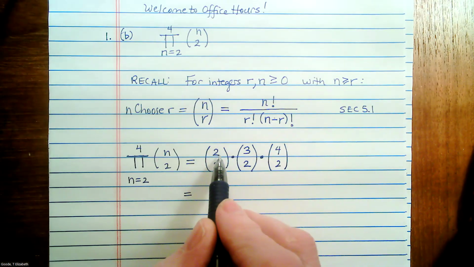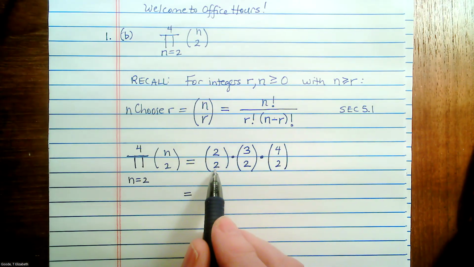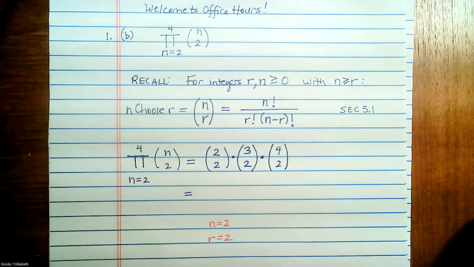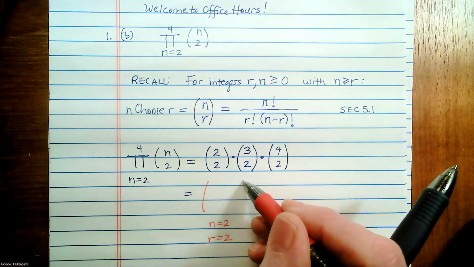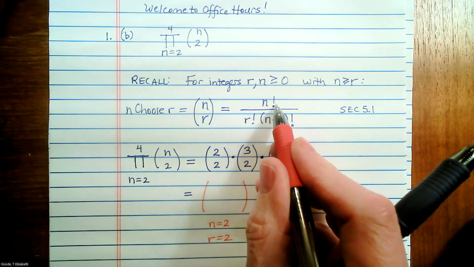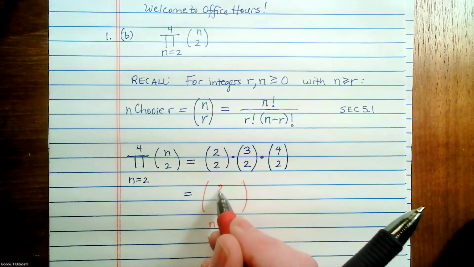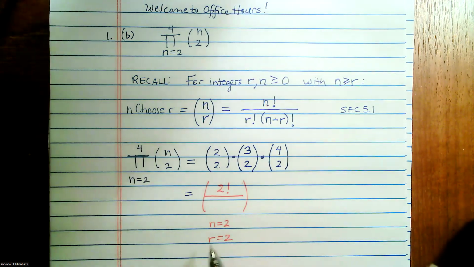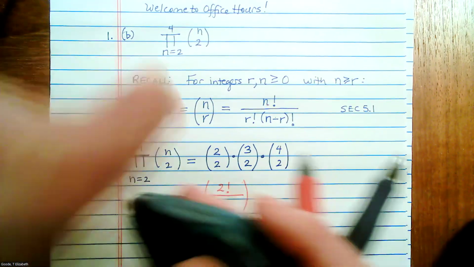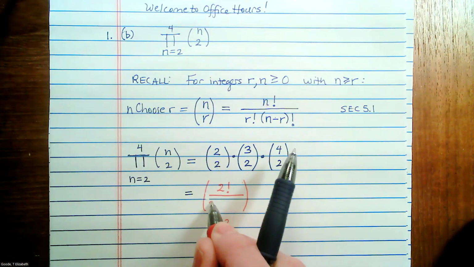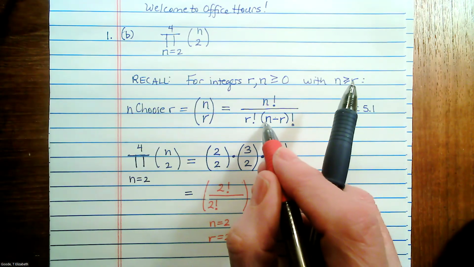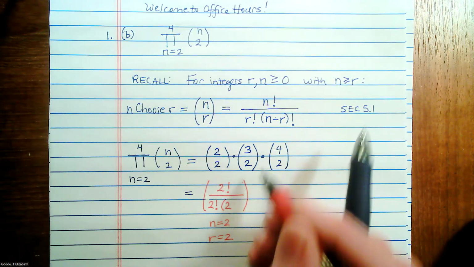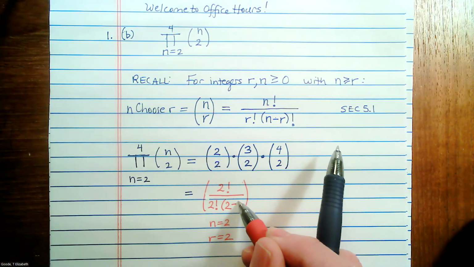So when n is 2 and r is 2, that factor is n factorial on top, so that's 2 factorial, divided by r factorial. Well, r is 2, so that's 2 factorial times n minus r quantity factorial. Well, n is 2 minus r is 2.